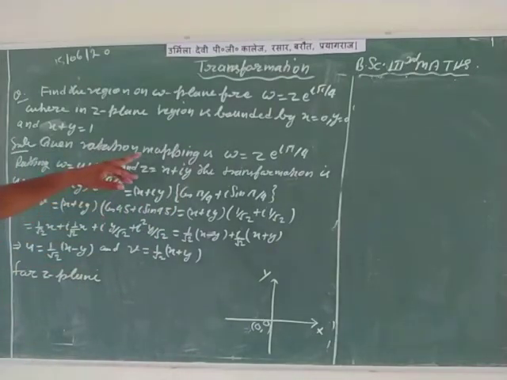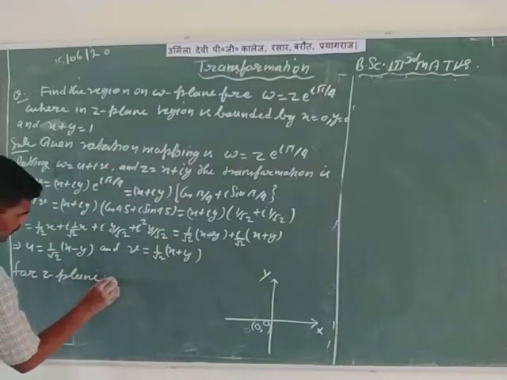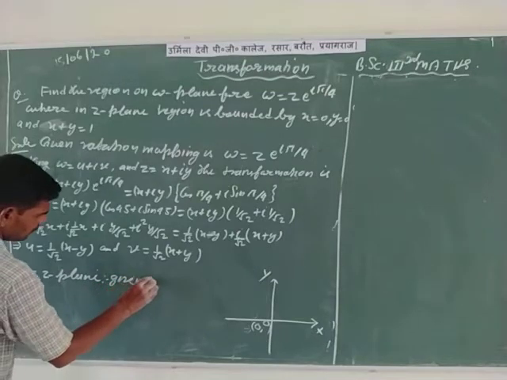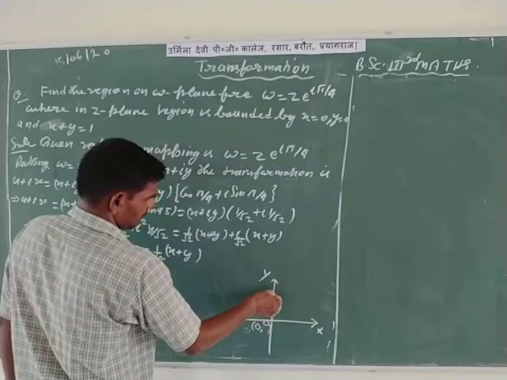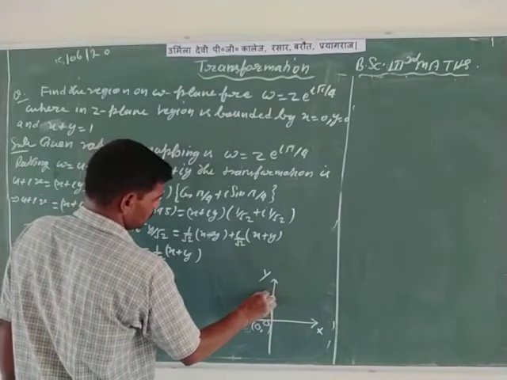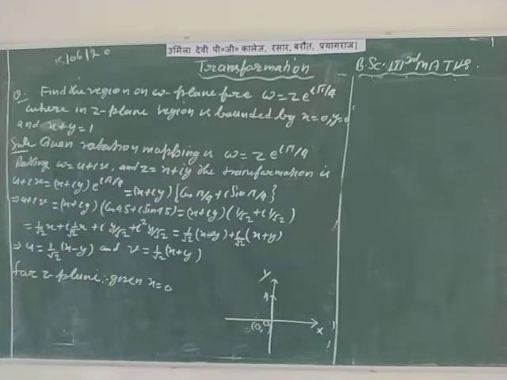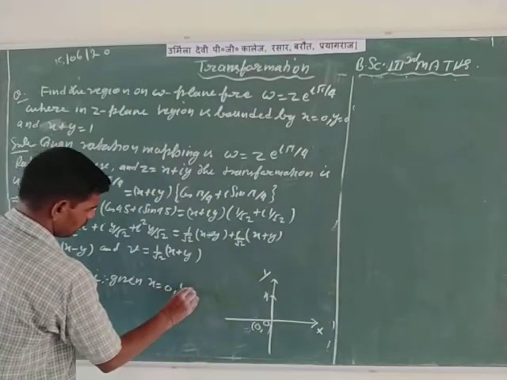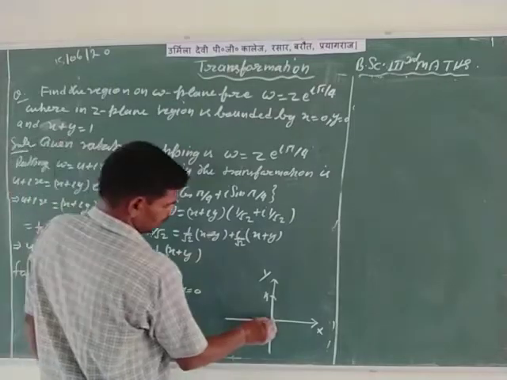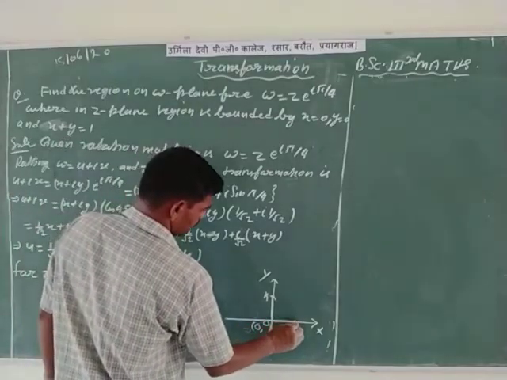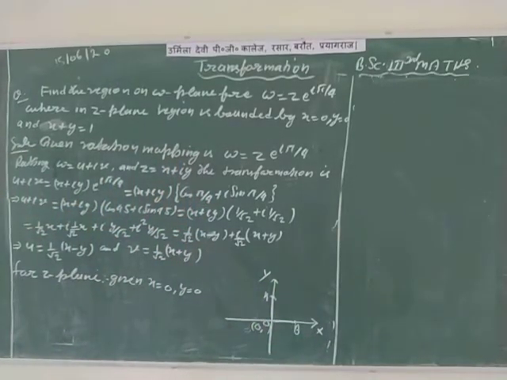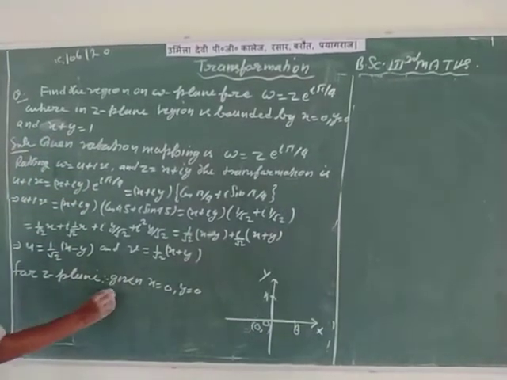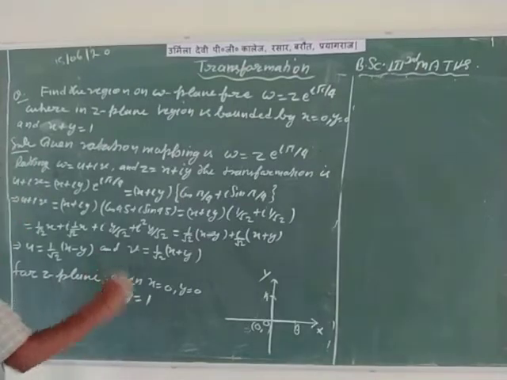First, x is equal to 0 means the y axis, suppose that point is capital A, and y is equal to 0 means the x axis, suppose that point is capital B, and the line x plus y is equal to 1.